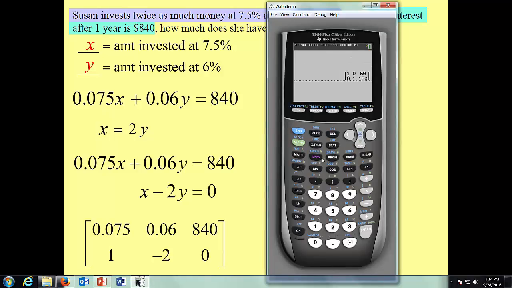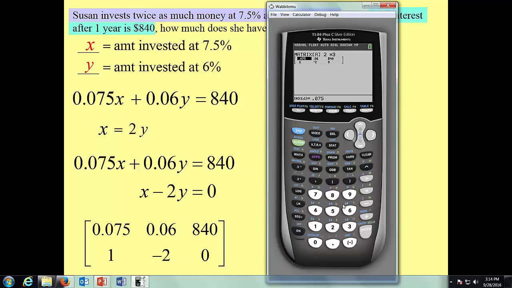The matrix editor, 2 by 3, 0.075, 0.06, 840, 1, -2, and 0.